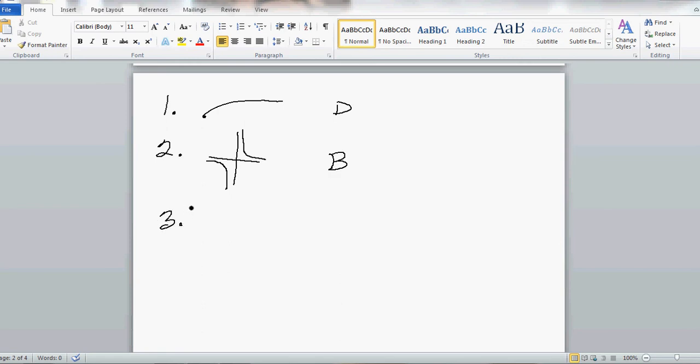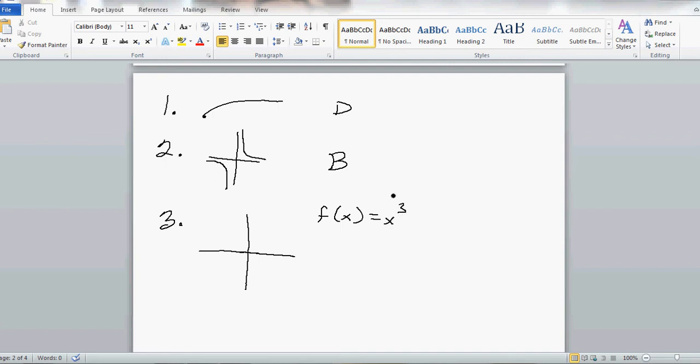Now, how we deal with 3 through 6 is to actually just graph it. We do need to be a little bit more precise than just drawing some numbers. So I'm going to be pointing out some of the values that need to be had. For example, 3 is f of x equals x cubed.